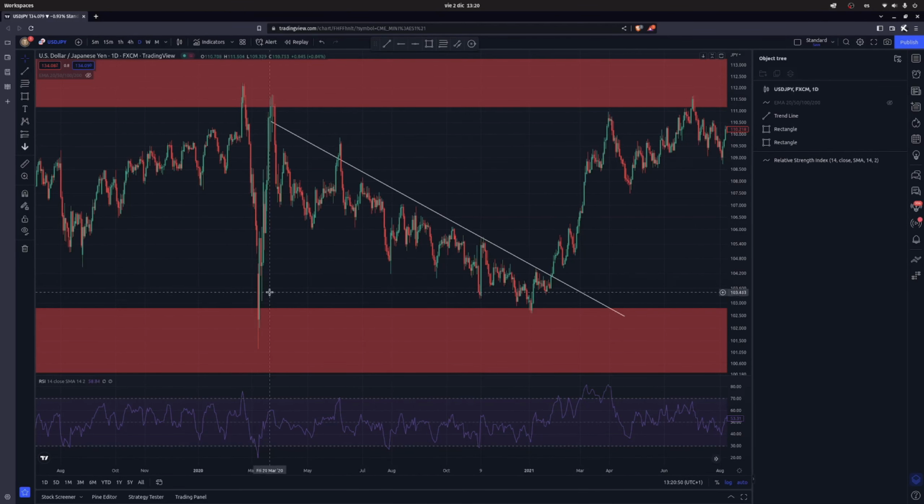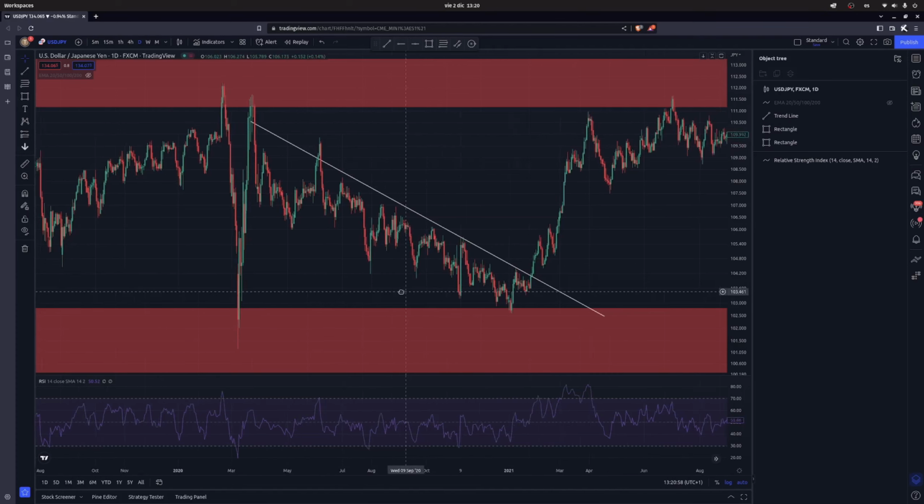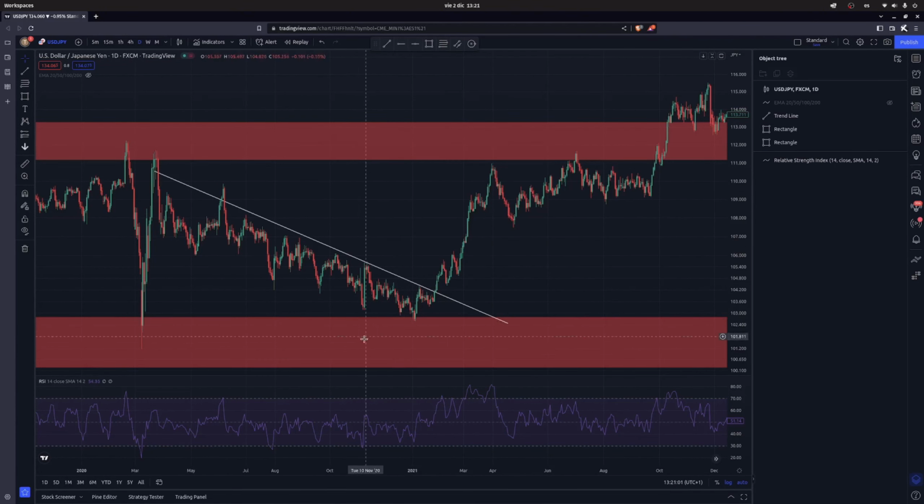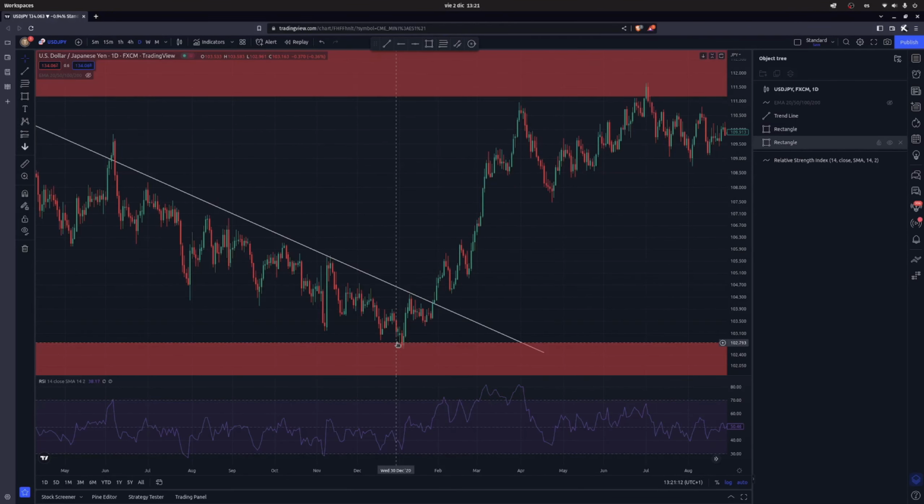And we can see we've already had a rejection here at this support level and another one here. So we know this is a very strong multi-year support level, a key area. Here we can see that we tested and broke out through this trend line. So that would be something to look out for.